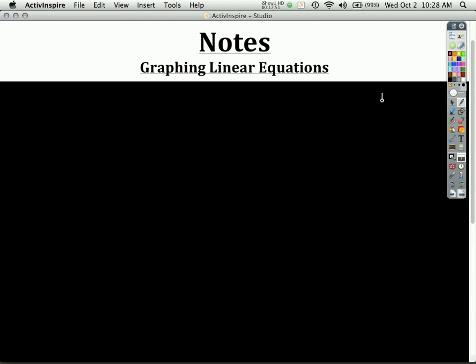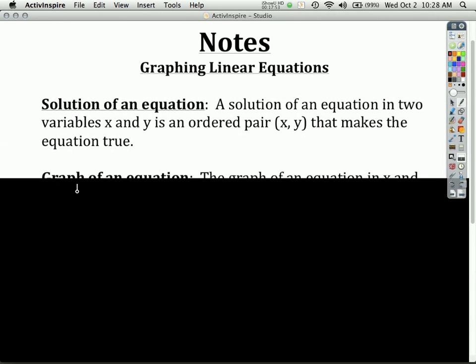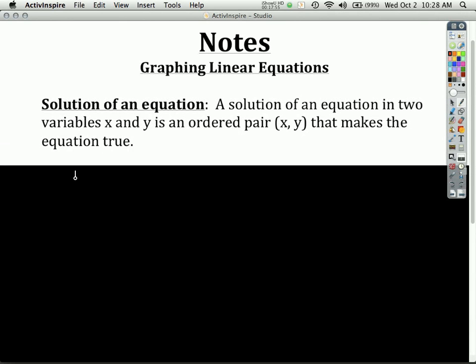Okay? First of all, when we talk about graphing an equation, we have to talk about solutions of an equation. Up until today, you're used to a solution looking like x equals 3 or z equals -9. That's what a solution has looked like up until today. But now we have 2 variables. We're talking about equations.